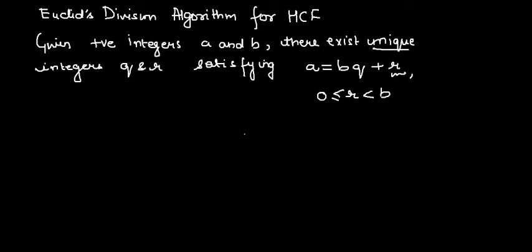So this is what Euclid's division lemma tells. This is actually the division lemma. And this is actually used to compute the highest common factor of two given integers.